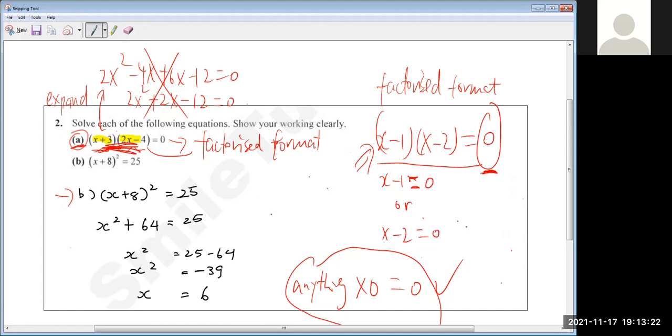That will give you answer 0. Because over here, it says anything times 0 is 0, right? So that means either x minus 1, this bracket is equal to 0, or x minus 2 is equal to 0. Either one of these terms gives you 0, and you are going to get 0 as the result. So do you understand this concept?